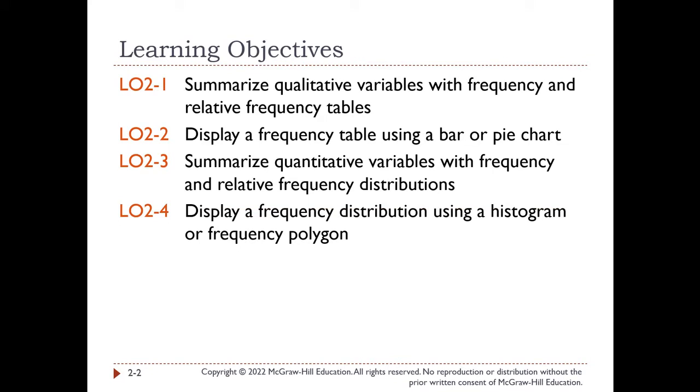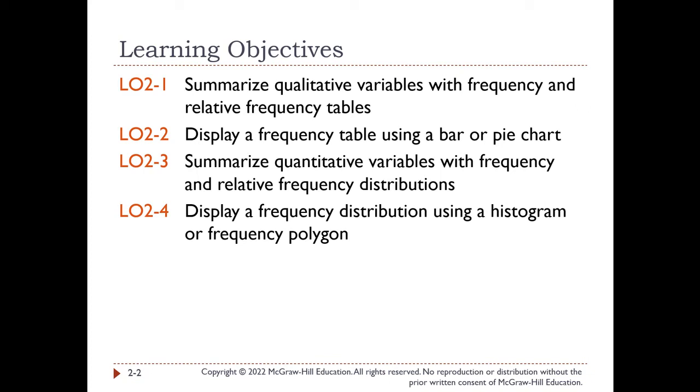So again, we have our learning objectives. We've got 4 that we're going to go through as we progress in the slides and with the practice problems. First, we're going to summarize qualitative variables with frequency and relative frequency tables.